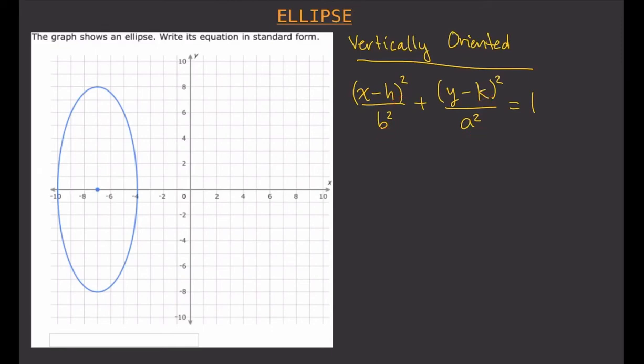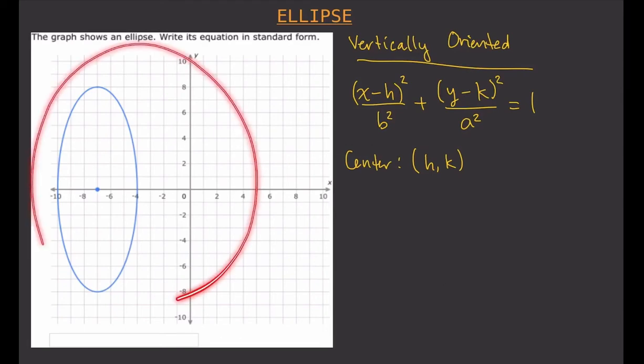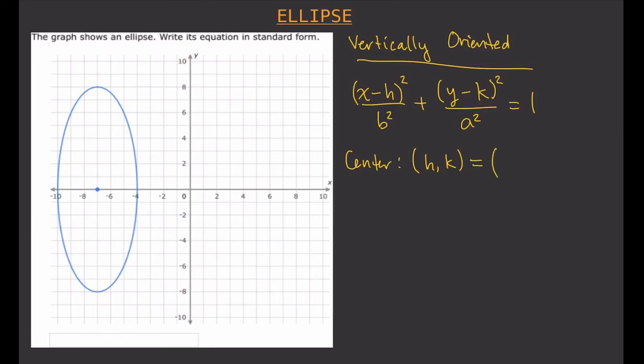So now remember, how do we find h and k? Remember, h and k are our center, right? So if we can identify from this graph where our center is, we can definitely find h and k. Looking at the graph, we see that our h is at -7, and our k, the y coordinate, is at 0.